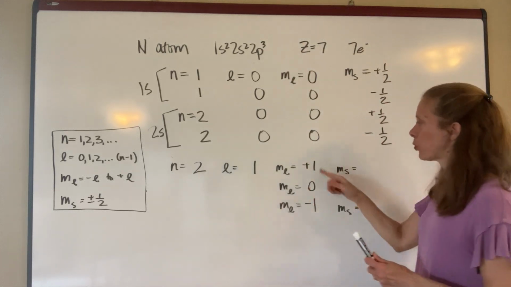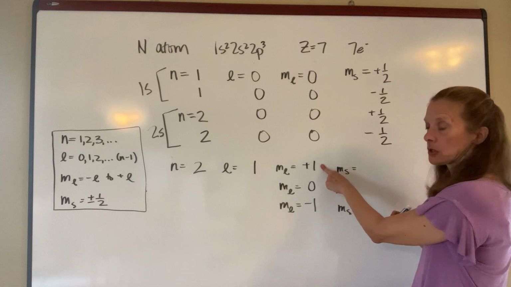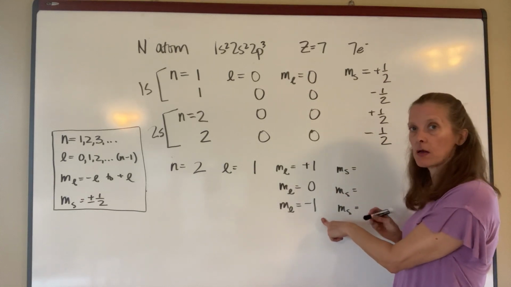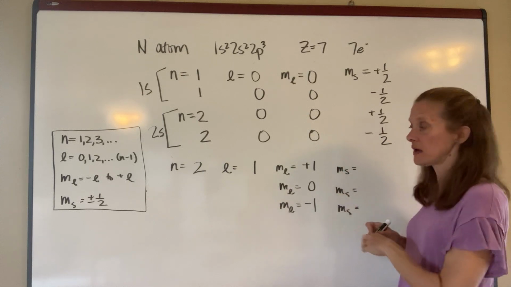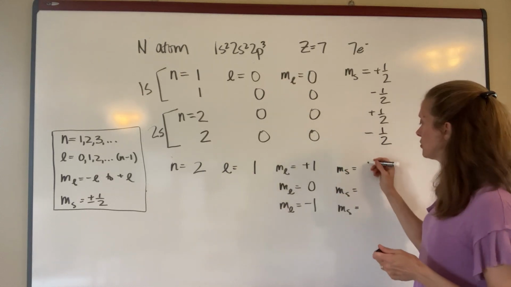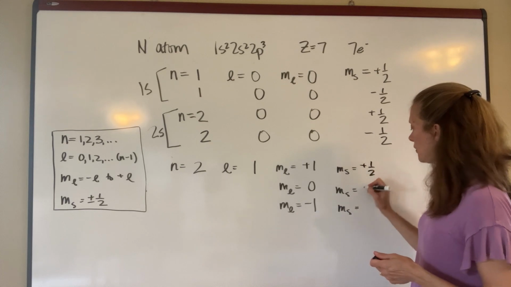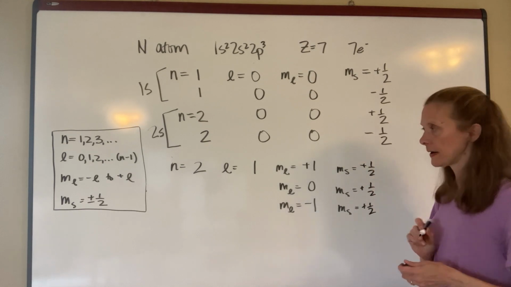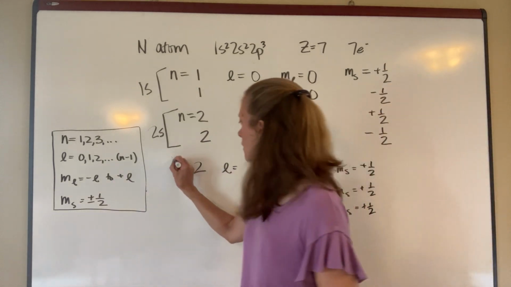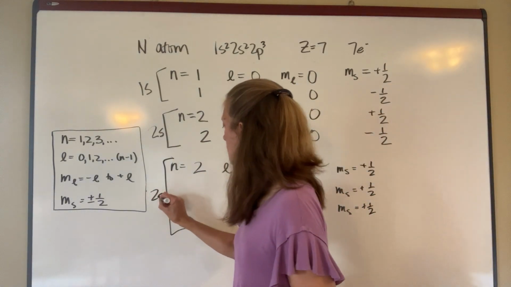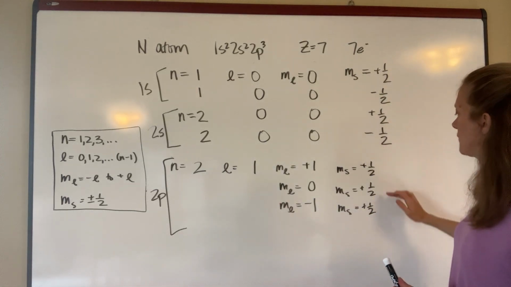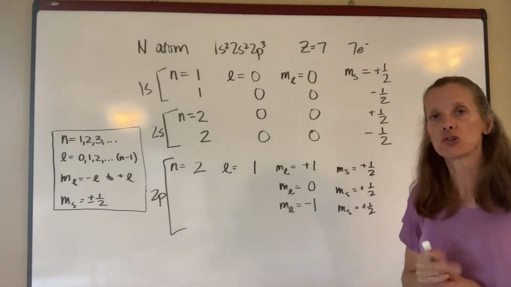One of them is going to go where M sub L equals 1, one goes where M sub L equals 0, and one goes where M sub L equals -1. Px, py, pz. And again, by convention, I always assign the positive 1/2 spin number first. Okay, so these are my 3 2p electrons, and I now have 1, 2, 3, 4, 5, 6, 7 electrons, which is what I should have.